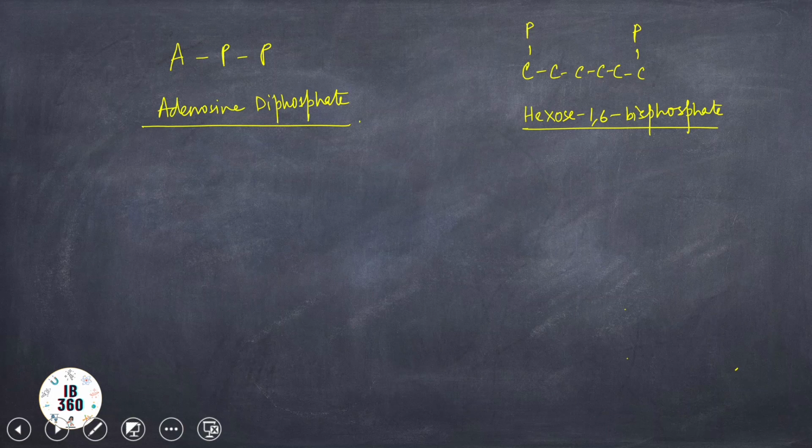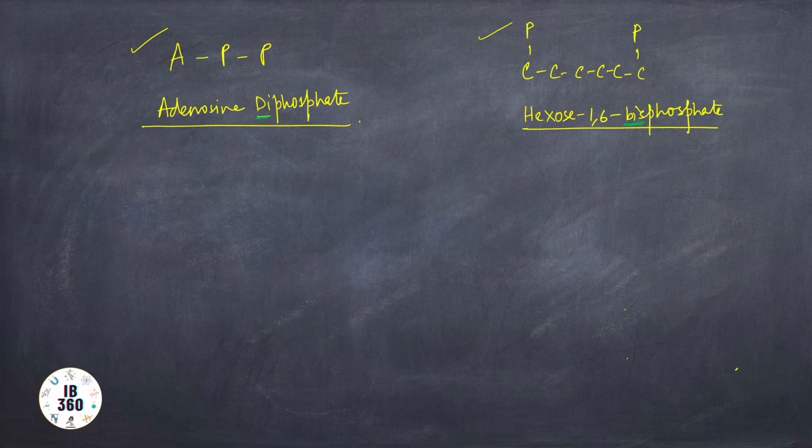Both mean that the molecule has two phosphate groups attached to it. ADP has 2 phosphate groups attached to it, and hexose 1,6-bisphosphate also has 2 phosphate groups attached to it. So here we have di, and here we have bis, or bisphosphate.